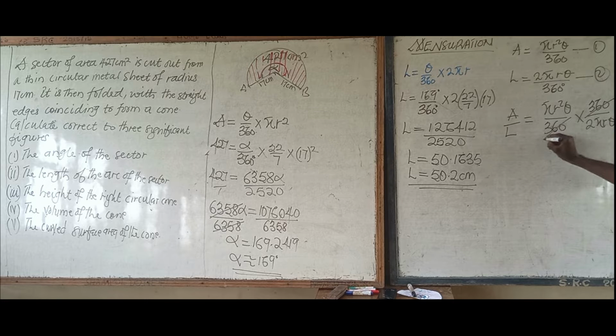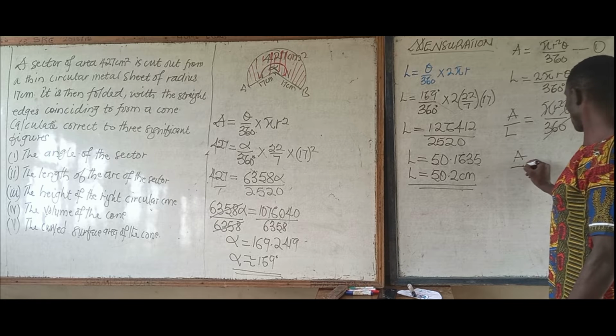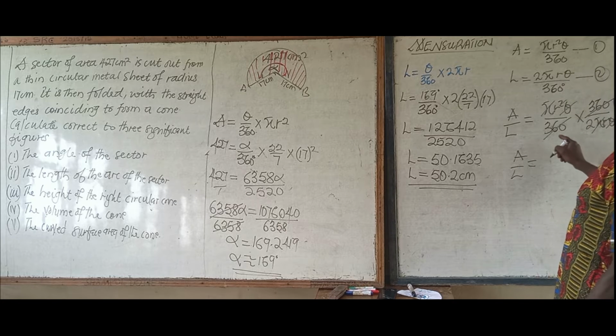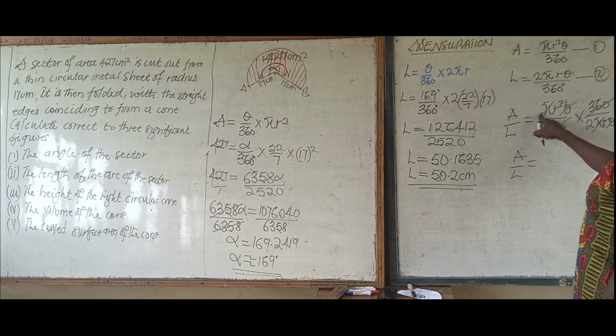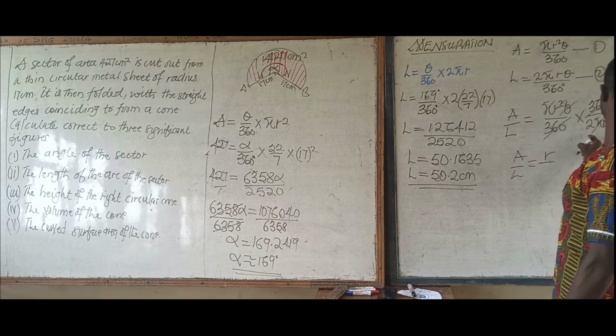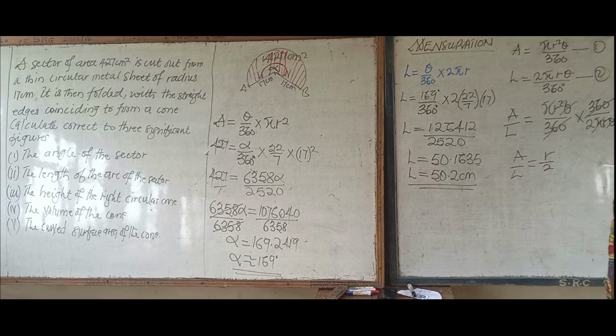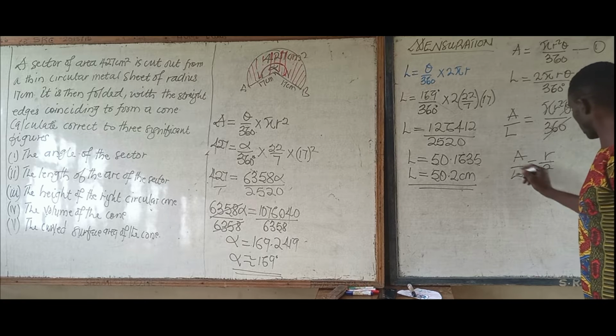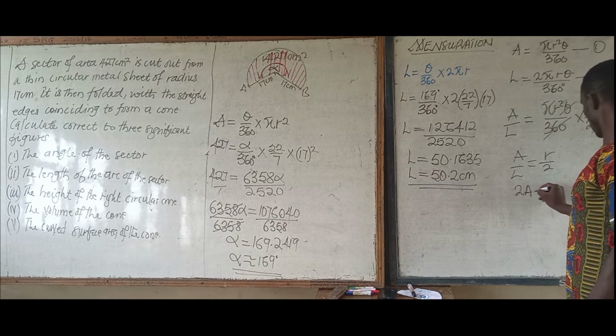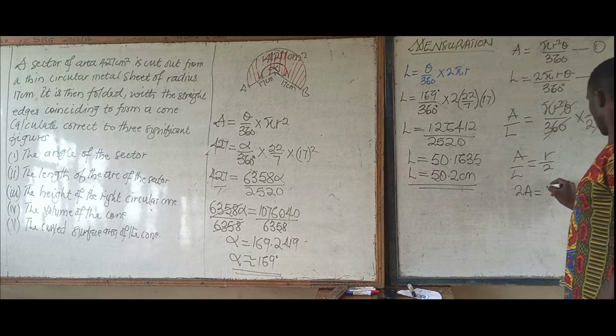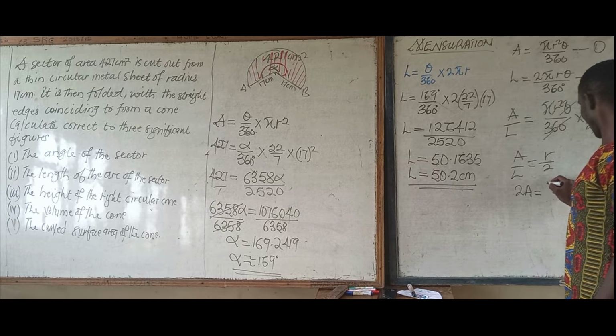Theta cancels theta. Pi cancels pi. R will cancel one of the r's here. So that should be A over L is equal to, what is at the top here? r over 2. Not so? So if I calculate the length, this one will multiply: 2A is equal to L r.